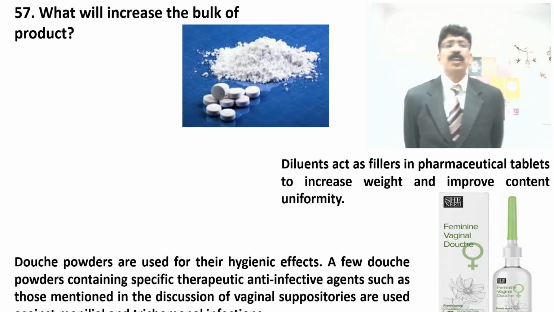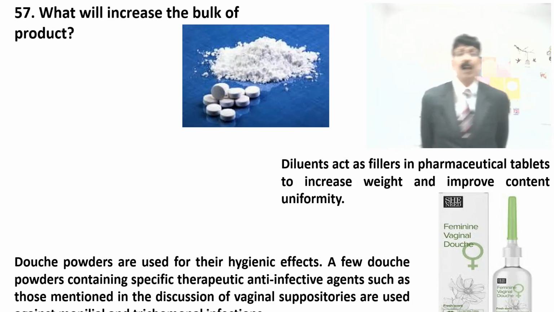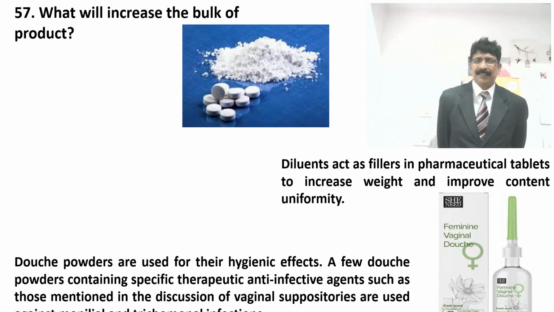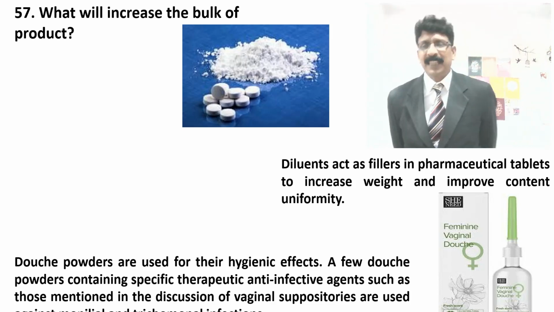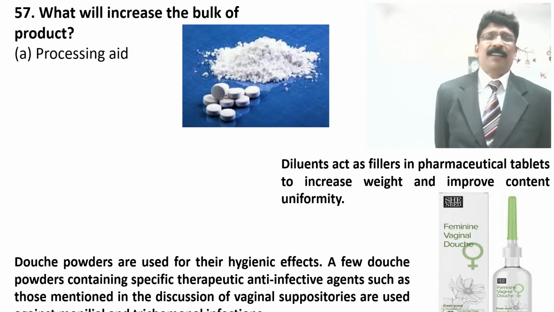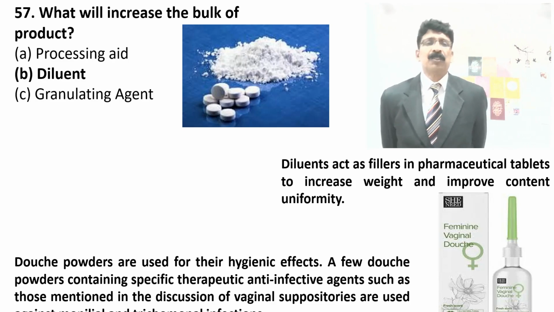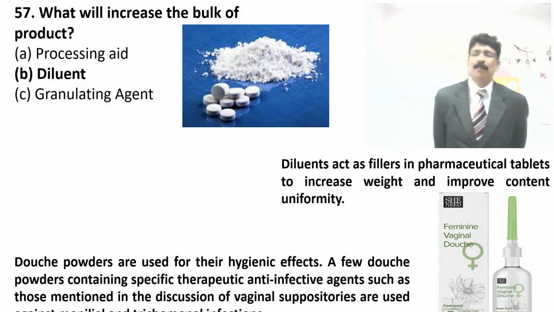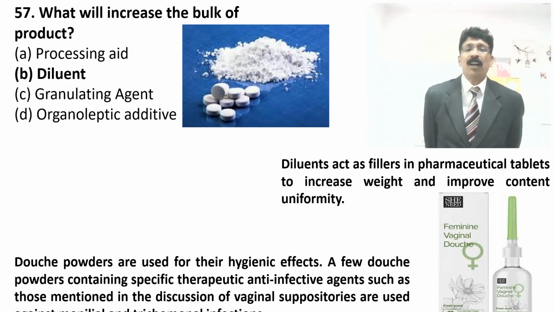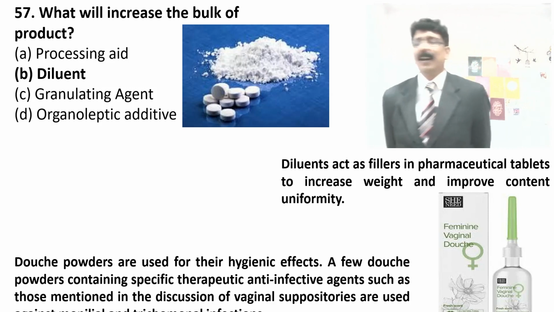So again, what will increase the bulk of the product? Bulk of the product can be increased by a diluent or filler. Processing aid? No. Diluent, or you can say filler also. Granulating agent? No, it is only for increasing coherence. Understand? And organoleptic additives like color, flavor?